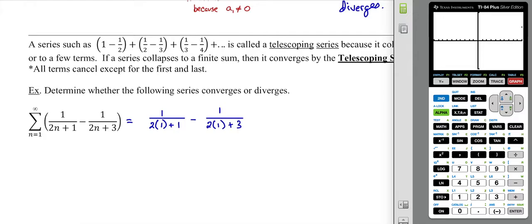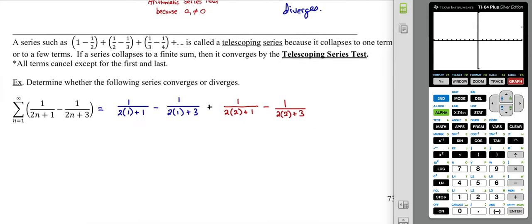All right, so that's what you get when you plug in a 1. Now let's plug in a 2. 1 over (2 times 2 plus 1) minus 1 over (2 times 2 plus 3).